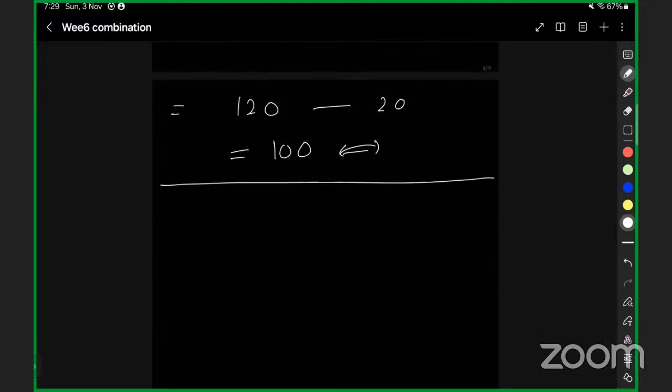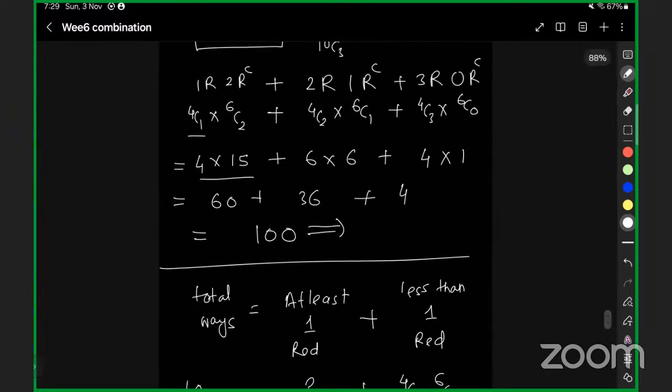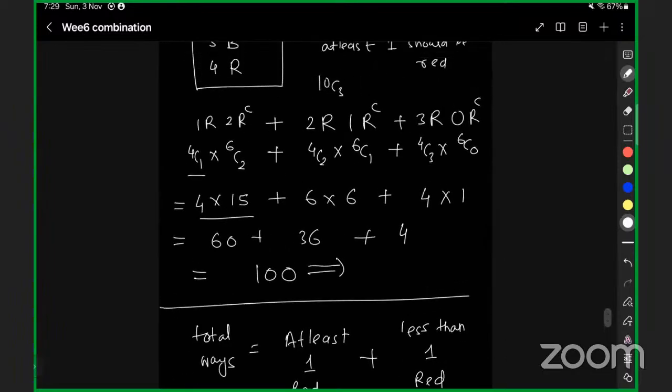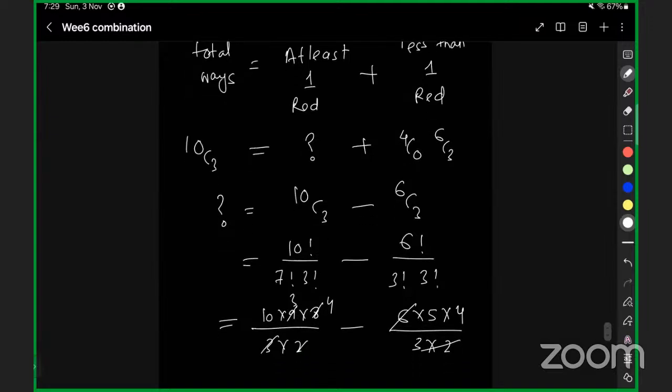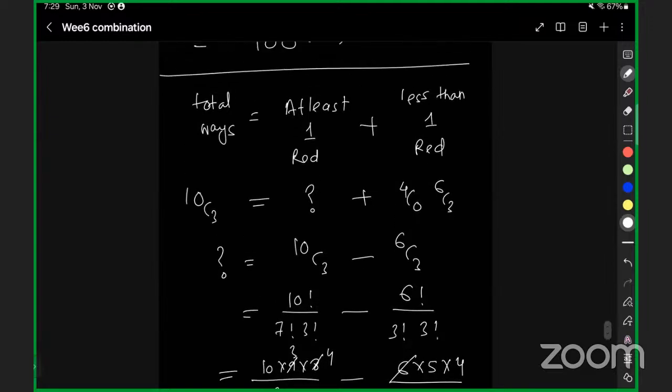It becomes very complicated when, in this case, you have to write all the cases. 3 cases are there, but here in this case only one case happened, right? So no red. So that's why it became easier to solve.